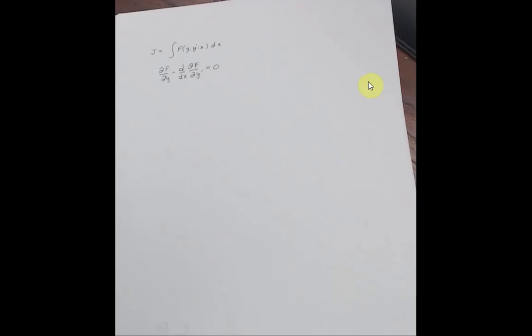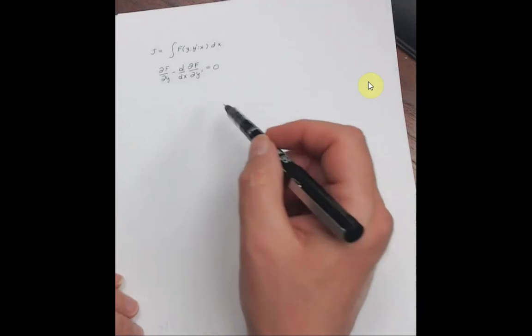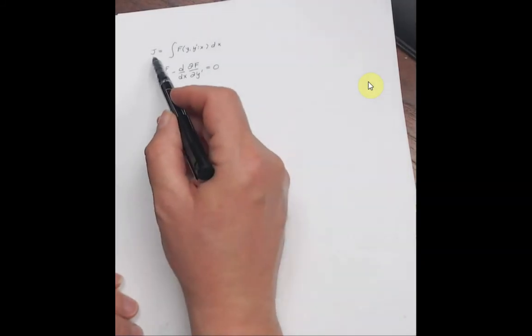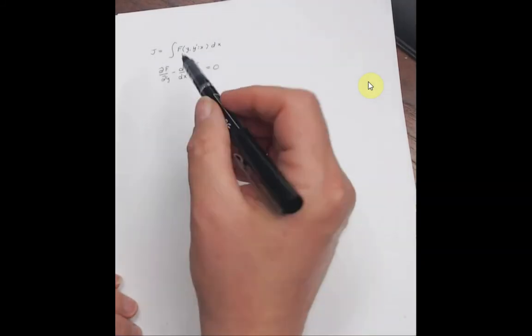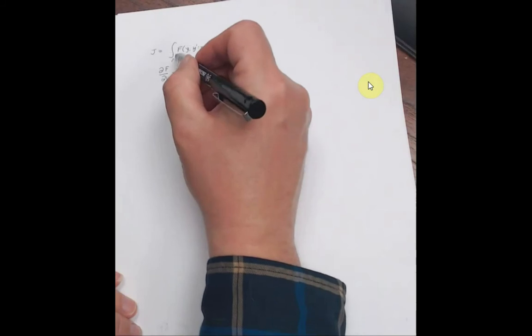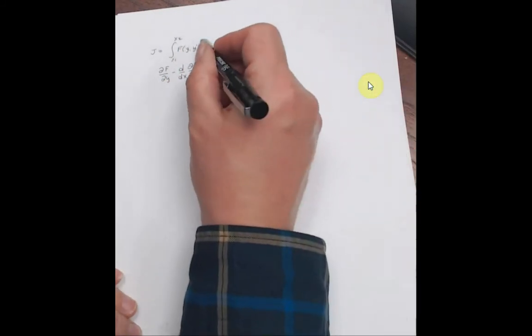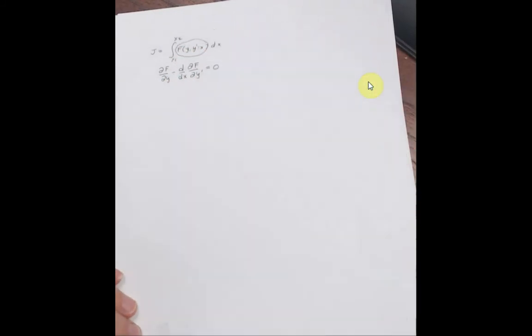Okay. So just to remind you, when we're using Euler's equation, we have something that I'm calling J here that we want to minimize. And we can write it like this, from some x1 to x2. So we're integrating over x, and we identify what's in here as the functional.